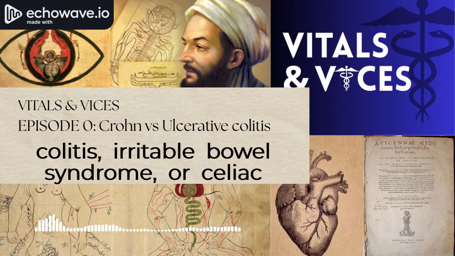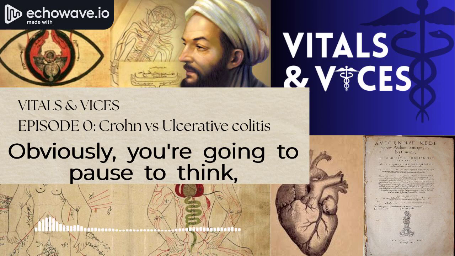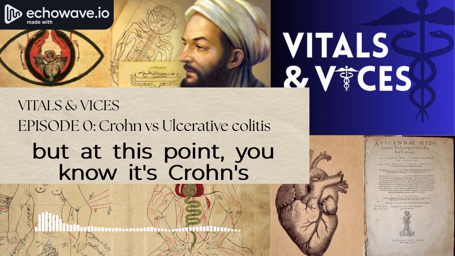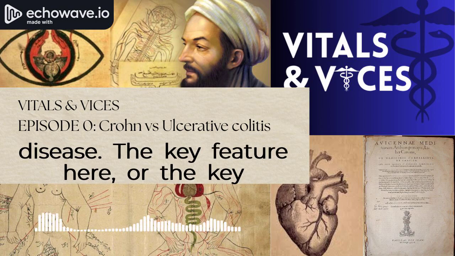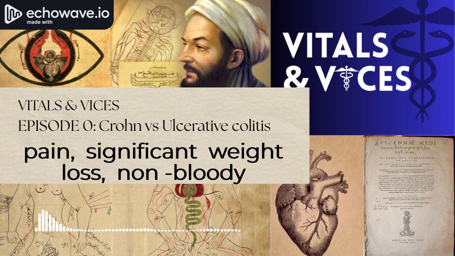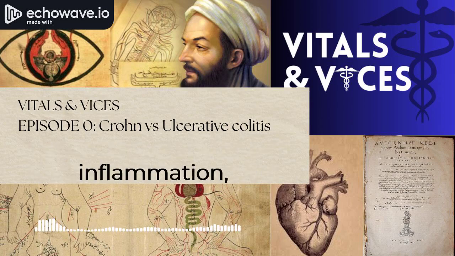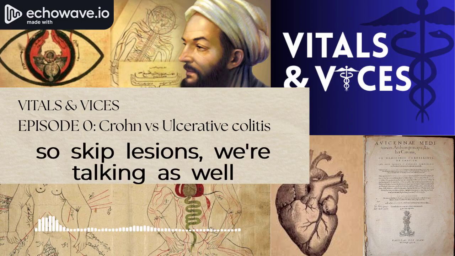Ulcerative colitis, irritable bowel syndrome, celiac disease, Crohn's disease, or diverticulitis? Obviously, you're going to pause to think, but at this point, you know it's Crohn's disease. The key features here are the right lower quadrant pain, significant weight loss, non-bloody diarrhea, perianal disease, discontinuous inflammation, so skip lesions.